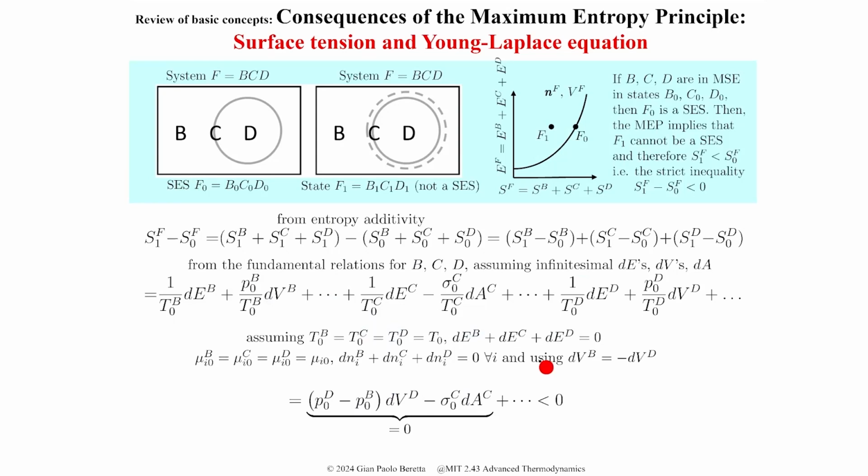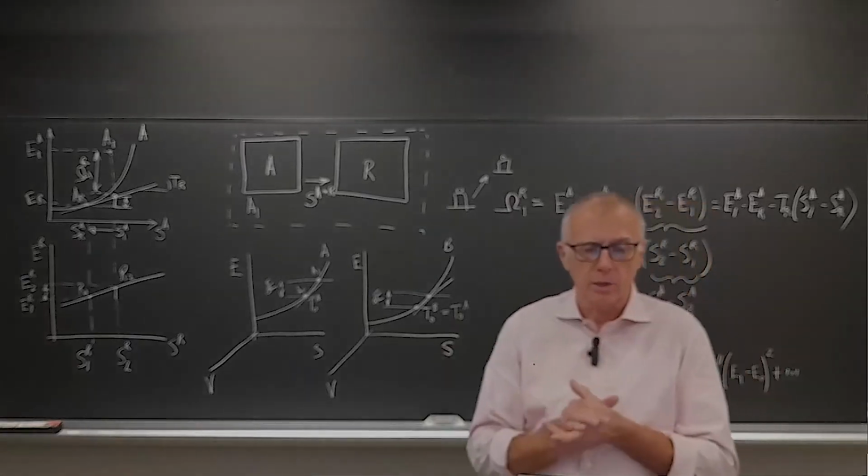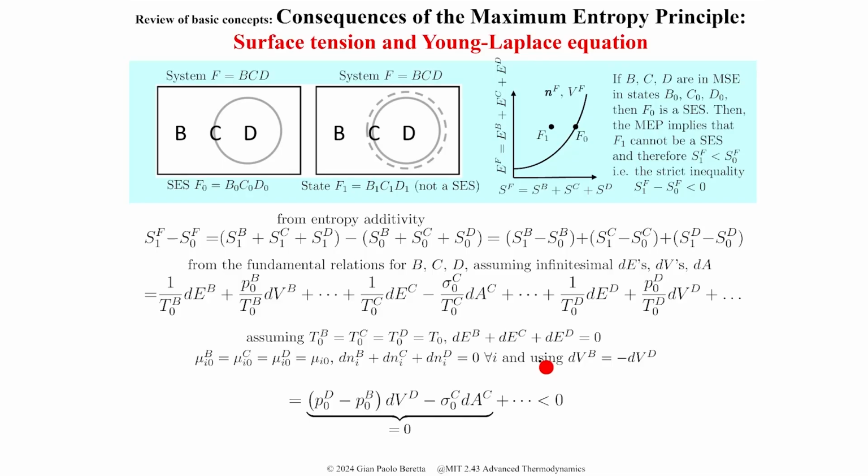So now we can play the same trick of applying the maximum entropy principle to see what happens at mutual equilibrium between those three phases, those three systems, B, D, and the interface, C. And the trick is to construct another state.